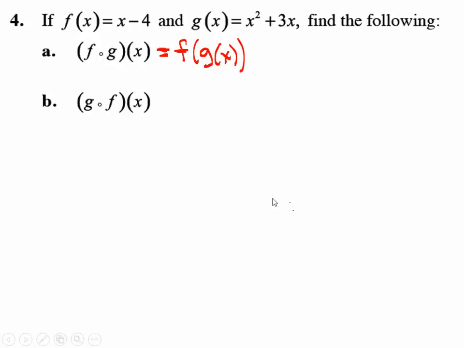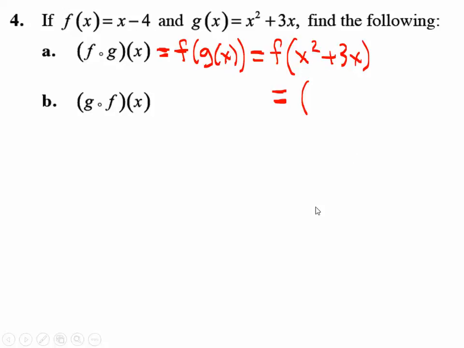Okay, the g function is x squared plus 3x. We're going to plug this into the f function. There's my new variable, and it's going to come into this function here. So this x now is going to be changed into x squared plus 3x.